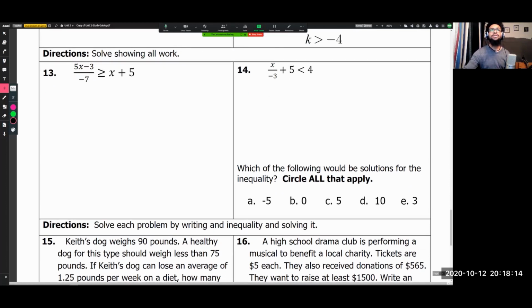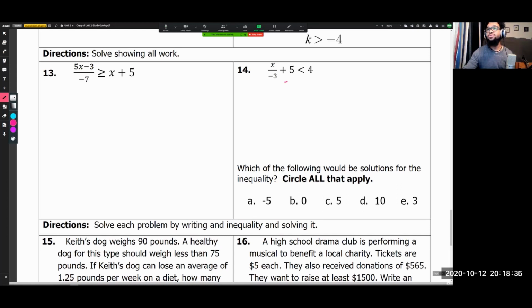Our directions say to solve showing all work. So let's see. My first step, I have x over negative 3 plus 5 is less than 4. So my first step, anytime I have these with fractions in it, I'm always going to undo my addition or subtraction first, and then I'm going to undo my multiplication or division.